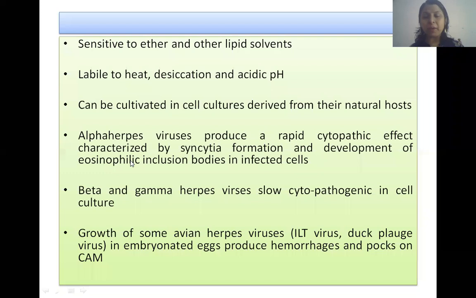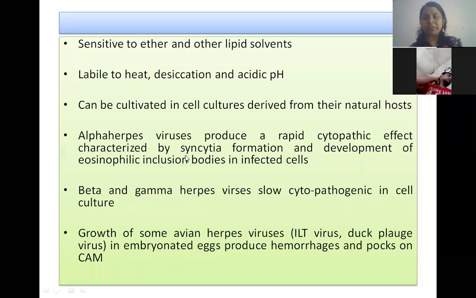Of them, alpha herpesviruses produce rapid cytopathic effect. Cytopathic effect means structural change in the host cell, causing lysis of the host cell and cell death, and it is characterized by syncytia formation.